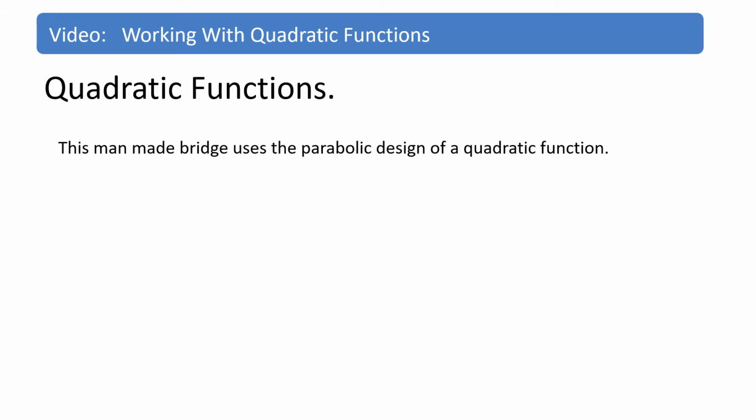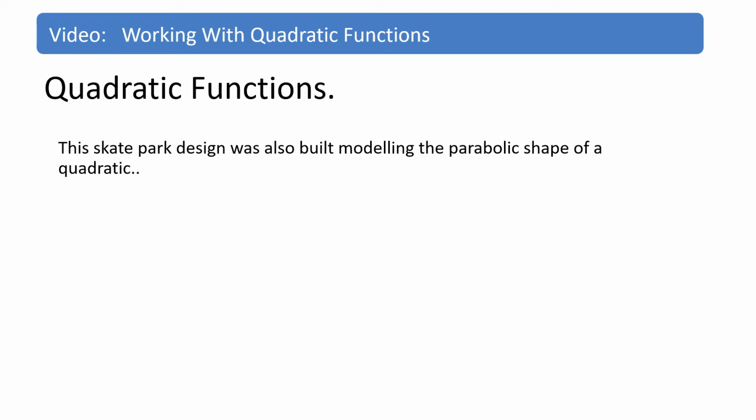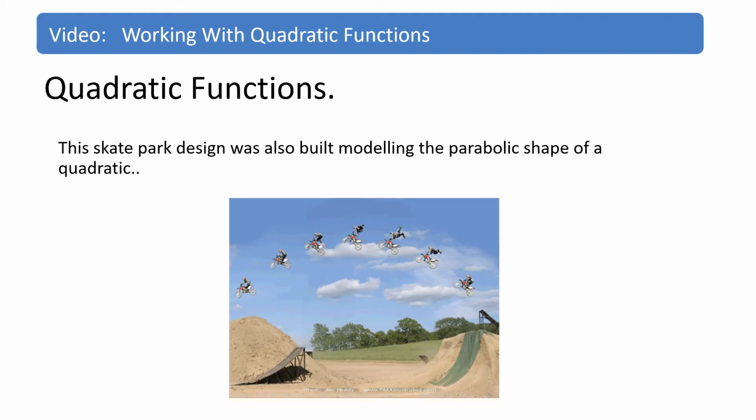This man-made bridge uses the parabolic design of a quadratic function. This skate park design was also built modeling the parabolic shape of a quadratic.